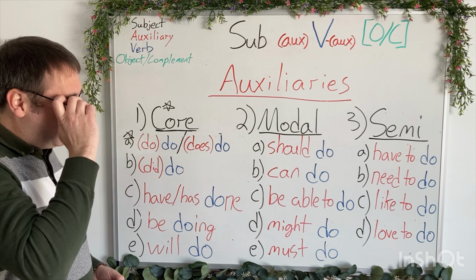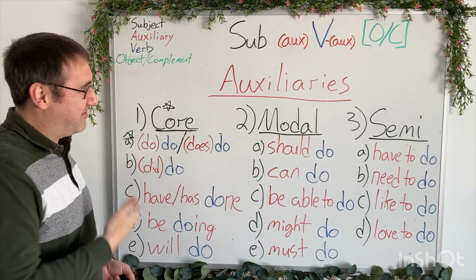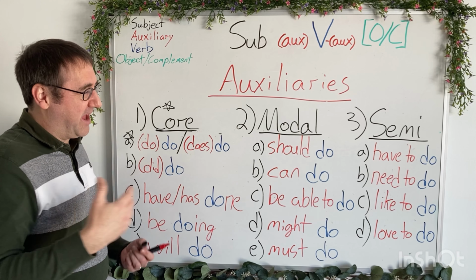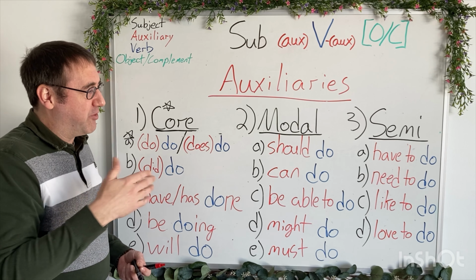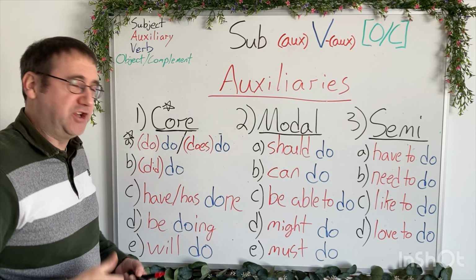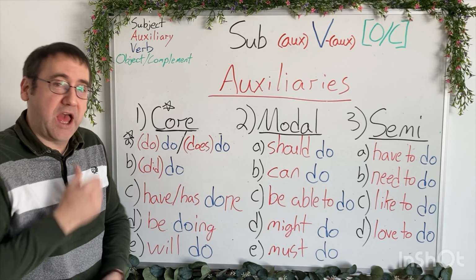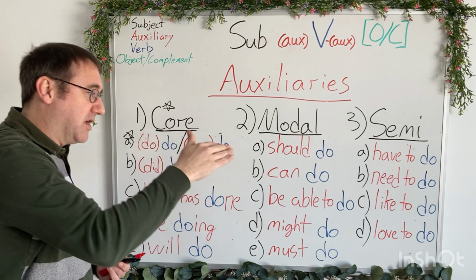But before we go, I just want to do one fun thing that I like to do sometimes after this, which is to pick any verb and just go through these. You can do this at home, okay? You can just say, okay, well, play. I should play, I can play, I'm able to play, I might play, I must play, I have to play, I need to play. Just think about those meanings and go through them.